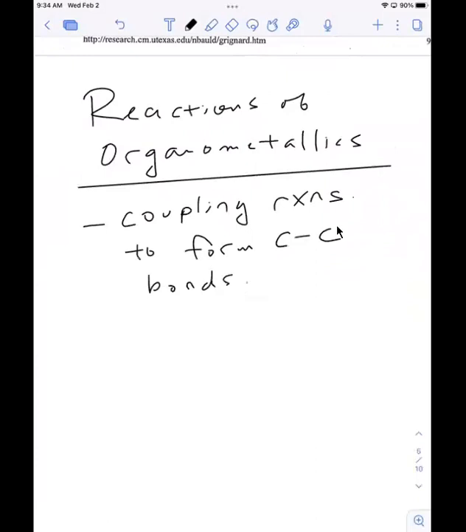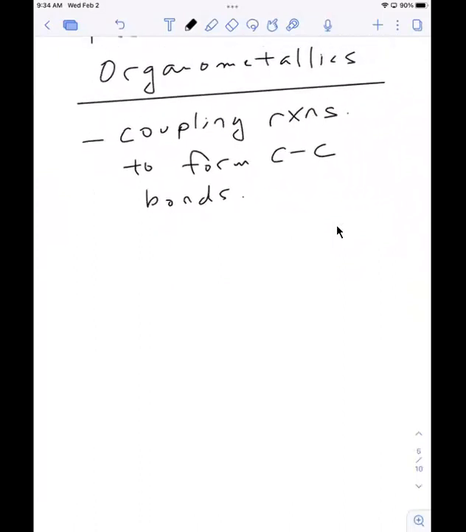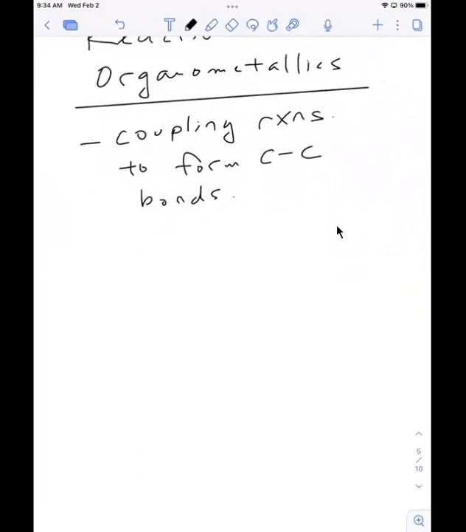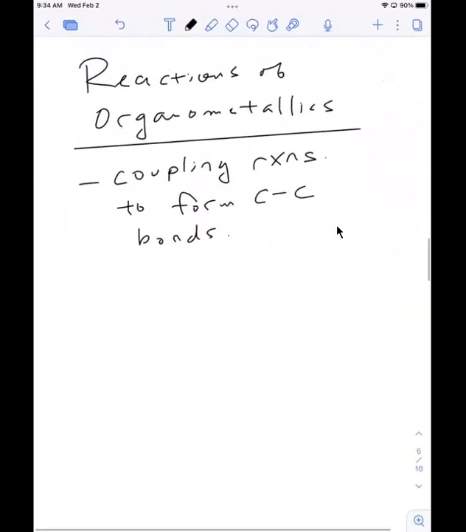I'm going to give you a generic illustration, and then we're going to look at some more specific examples. One of the reactions that organometallics can do is coupling reactions, and they also can do carbonyl additions.